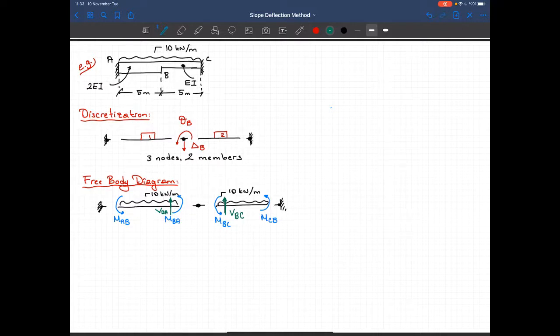Now if I transfer those to the nodes, I have a clockwise moment MBA, a clockwise moment MBC, a downward force VBA, and another downward force VBC at the node.